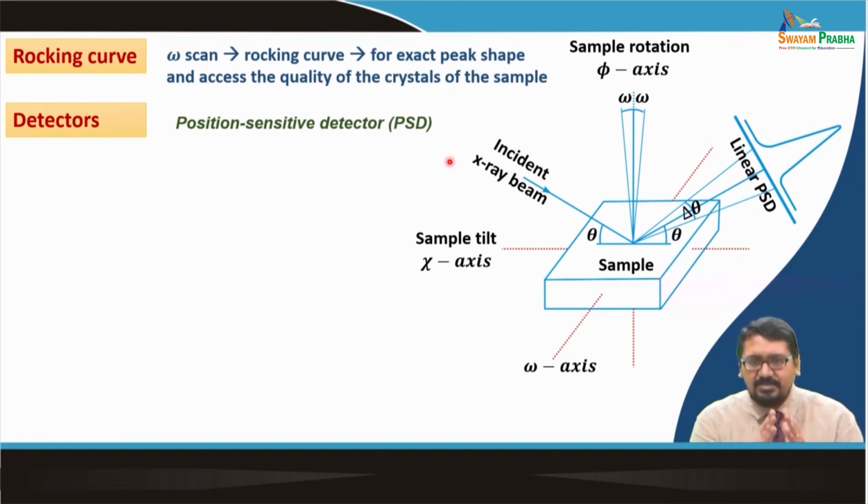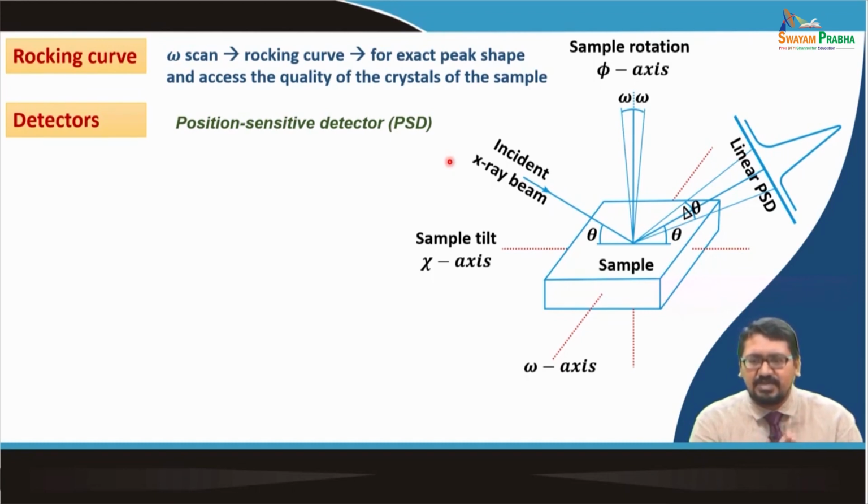Usually when we have different kinds of samples which may have residual stresses, the d spacing is somewhere elongated or compacted. So, in order to see the quality of the crystal, that is, where actually the theta lies for that particular h k l plane, a rocking curve is usually done.